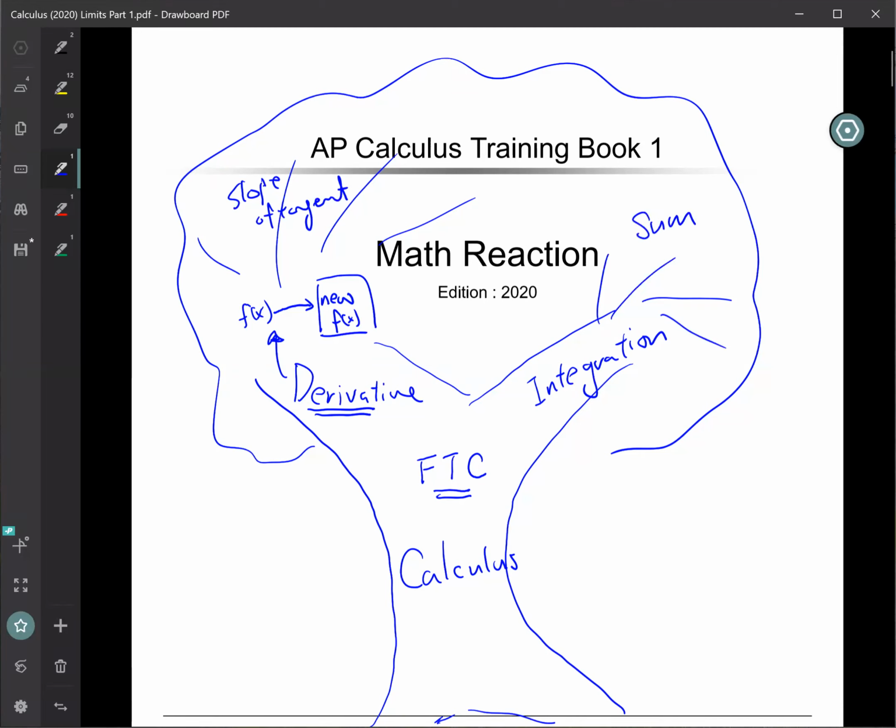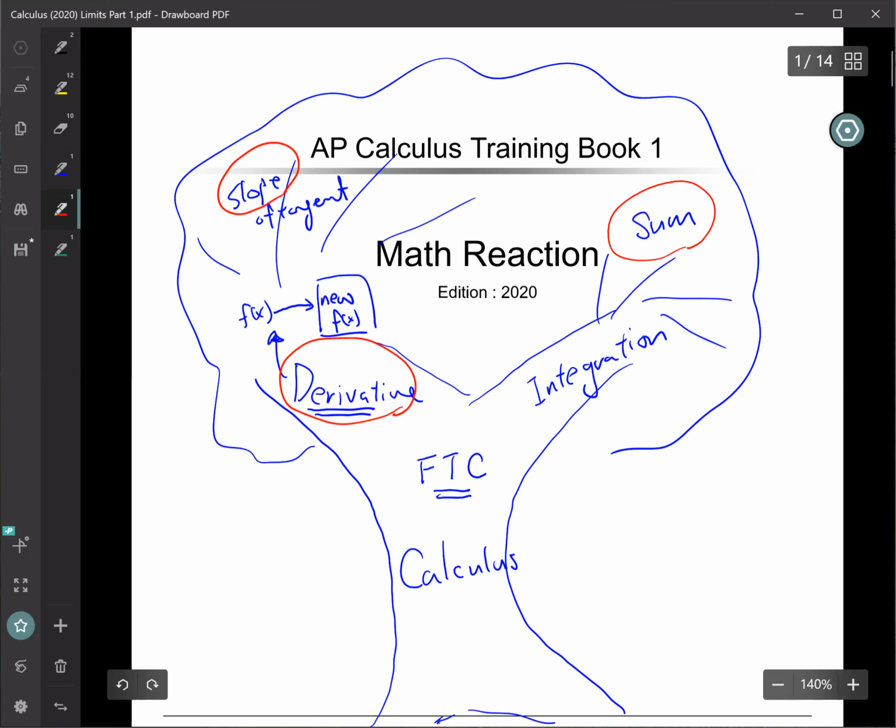So these are the two main words in calculus. One is talking about the slope on the derivative side. The other one is talking about the sum, adding up, on the integration side. So just get this big picture in your mind first, so you have a map of what we are trying to do here.